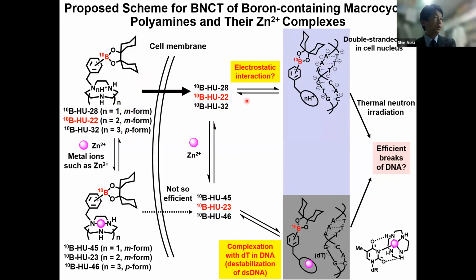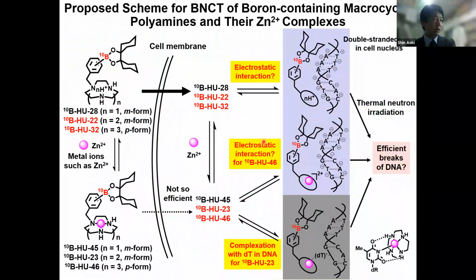These cationic compounds would interact with anionic DNA, resulting in efficient breaks of DNA upon neutron irradiation. At the same time, we assume that these compounds form gene complexes for the recognition of thymidine in DNA, which also induces serious DNA damage upon irradiation with thermal neutron.